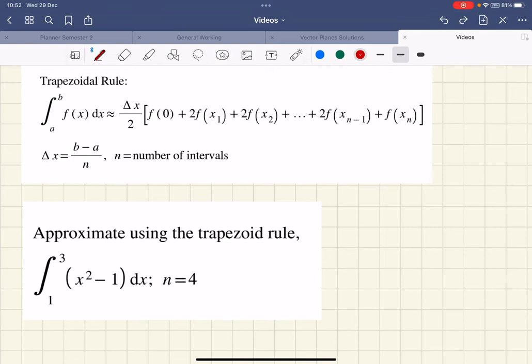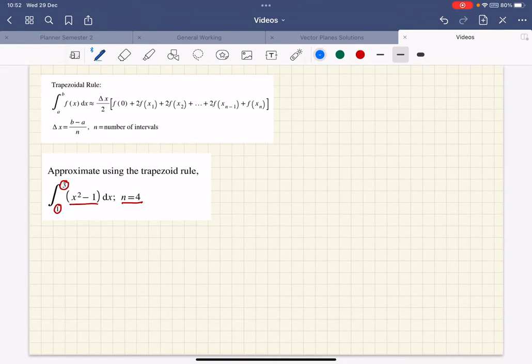And the first thing I'm going to do is draw this curve in my example between 1 and 3, and I'm going to split it into 4 parts. So what does that look like? Okay, let's draw a nice straight line here for the axes, and do another one across like this.